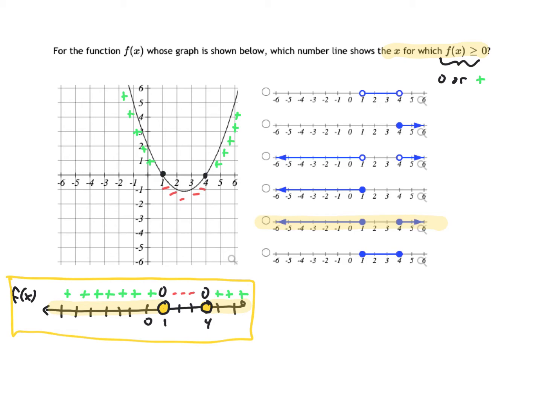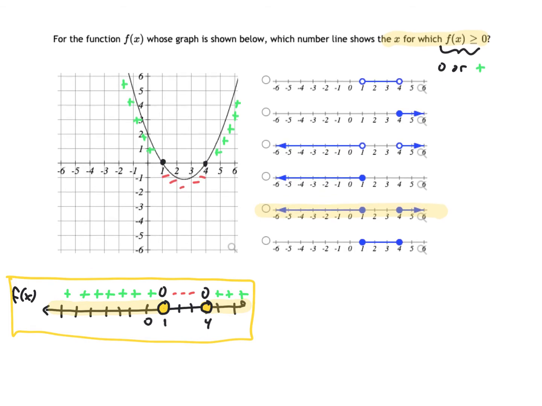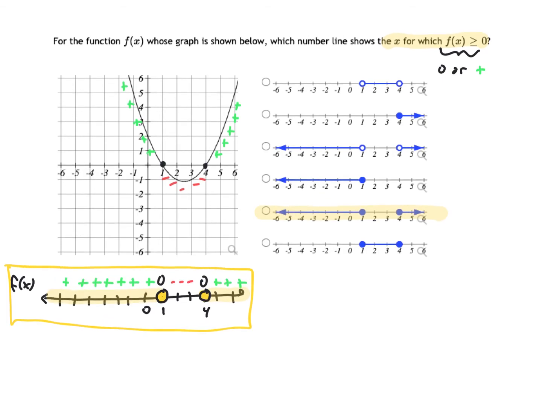It's worth noting here that if instead of asking for this answer to be in terms of a shaded number line, it had asked for interval notation, that's a very small difference from the shaded picture that I have for my shaded sign chart.